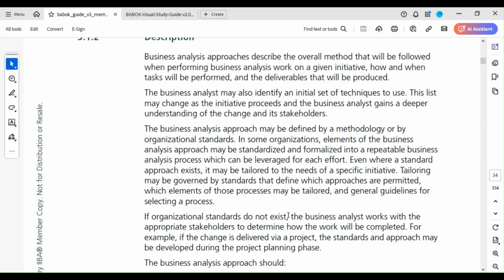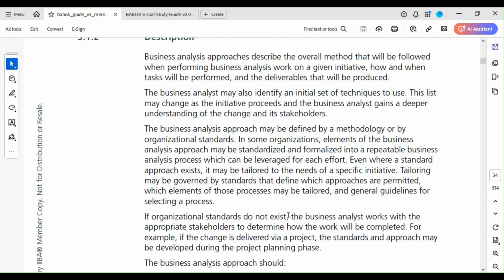Now, this helps you decide the overall method you want to follow when it comes to an initiative, a project, or when you want to maybe design your online platform. What method do you want to take? And how and when do you want to do that, and what deliverables will be produced?